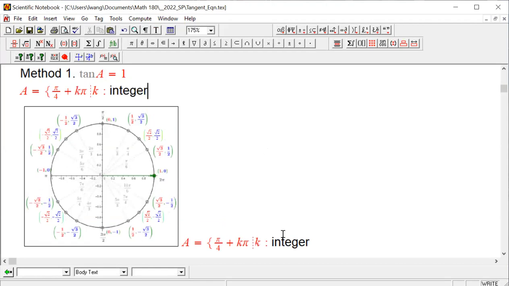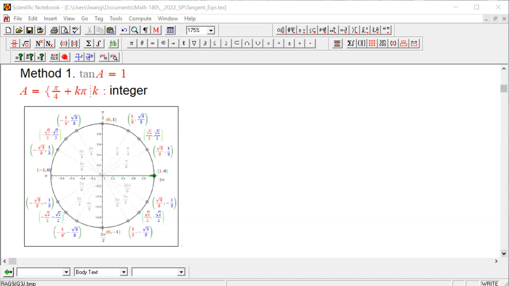And then you may like to just draw the terminal, and you may like to tell the reader this is pi over 4. Okay, and that's all you need to show if you want to show using the unit circle. So it's pretty straightforward.